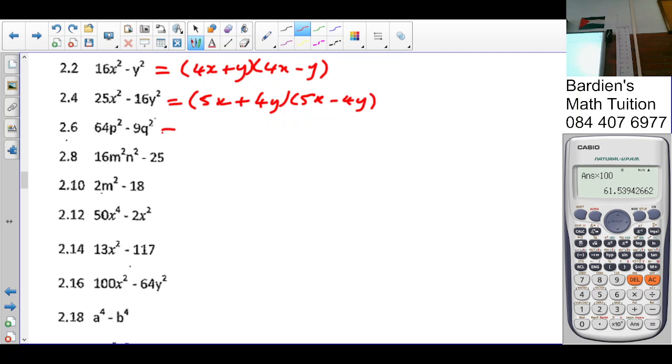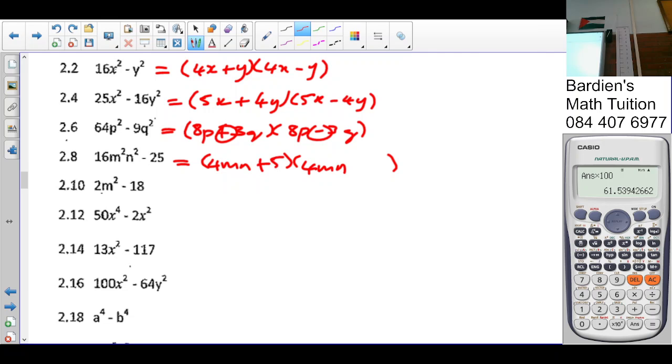The next one: 8p plus 3q, 8p minus 3q. If you had put the minus first, it's no problem. It's the same thing, but if this is a minus, then that must now, of course, be a plus. The next one is going to be 4mn plus 5, 4mn minus 5.